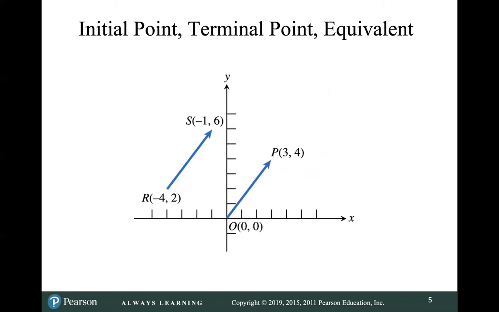For vectors, because it doesn't matter where in the coordinate plane it is, there are an infinite number of ways that we can draw each vector. Every vector, though, should have an initial or a starting point where it starts, a terminal point, which is where it ends. And we can draw equivalent vectors, meaning the same vector with a new initial point.